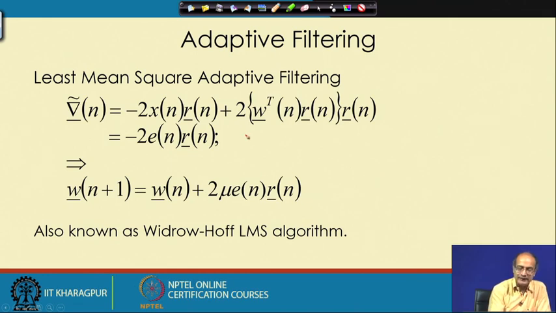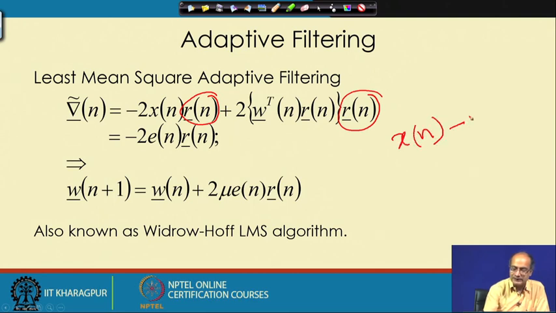If we take this part as common out of these two, we get x n minus W transpose n times r n.